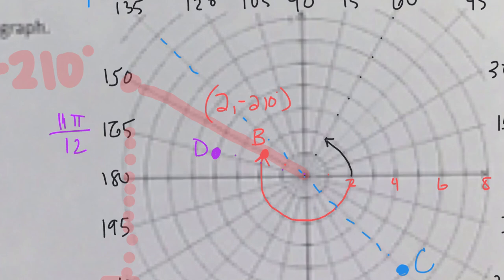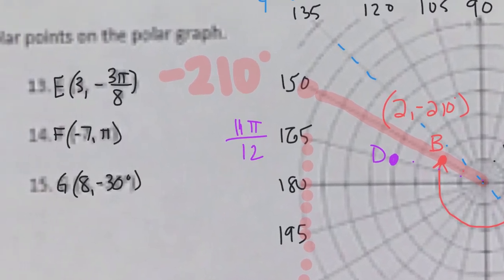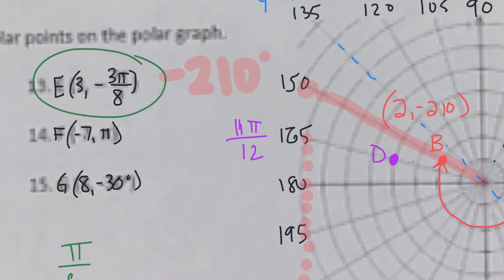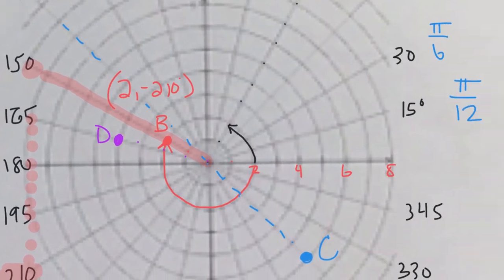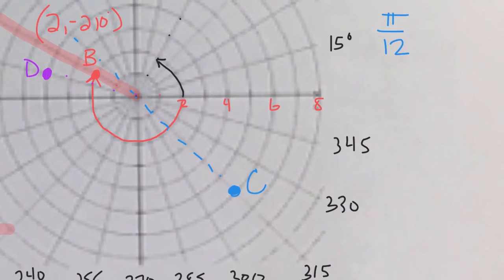Now one that we don't have on our unit circle, and that is negative 3 pi over 8. Okay, but our brain can tell us, and it has before, that pi over 8 is half of pi over 4. Okay, pi over 8 is half of pi over 4. So when we come back over here, right, this is your pi over 4 line, your 45 degree line.